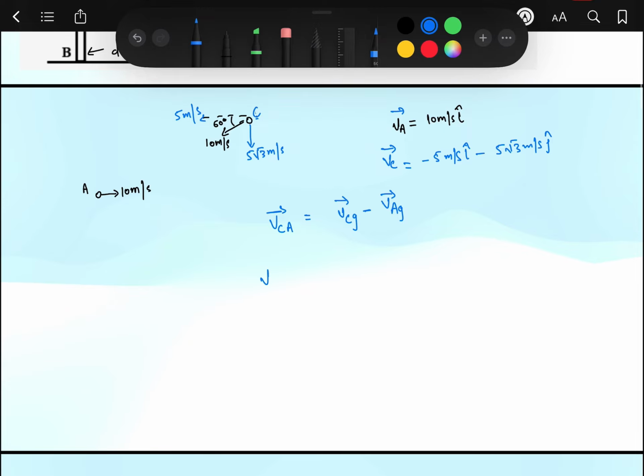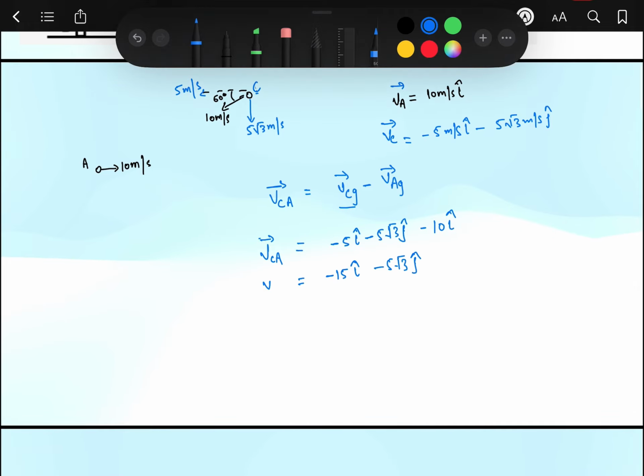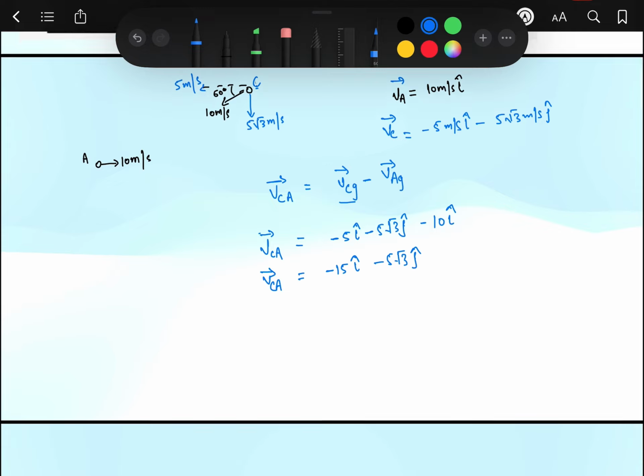So V_CA will be equal to, putting the values, minus 5 i cap minus 5 root 3 j cap minus 10 i cap. So this will be equal to negative 15 i cap minus 5 root 3 j cap. This is the velocity of particle C when we observe in the frame of reference of A.